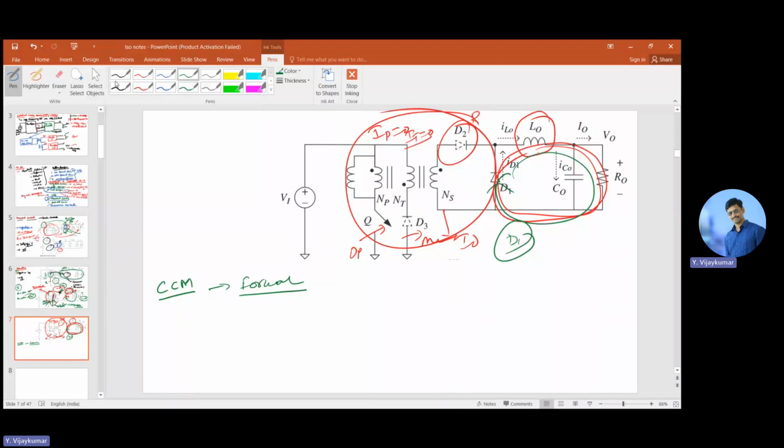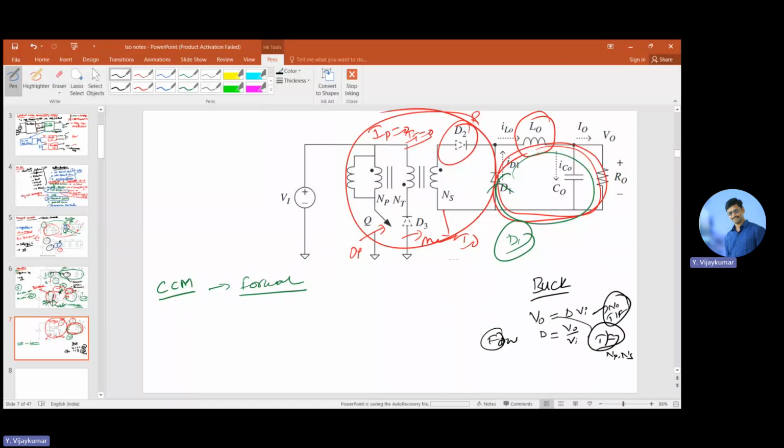If we look at the buck converter output voltage equation, V output is equal to D times V input. In this buck converter there is no transformer, but in the forward converter we have a transformer. So we have to include the primary winding turns and the secondary winding turns.